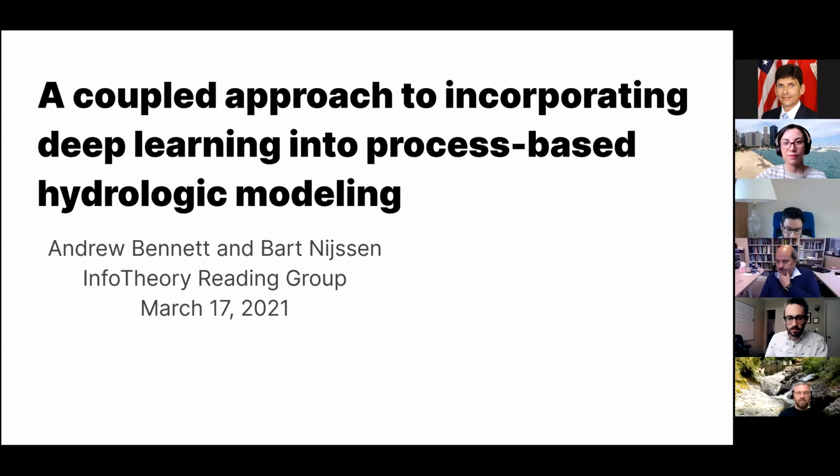Once you calculate the updated states, they are used for the next time step to calculate new fluxes. I have highlighted here the turbulent heat fluxes because we're going to be representing them in different ways.